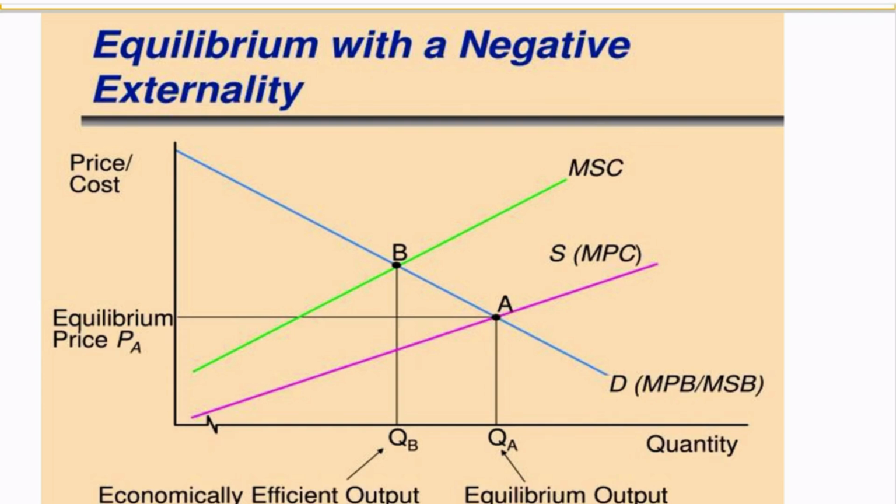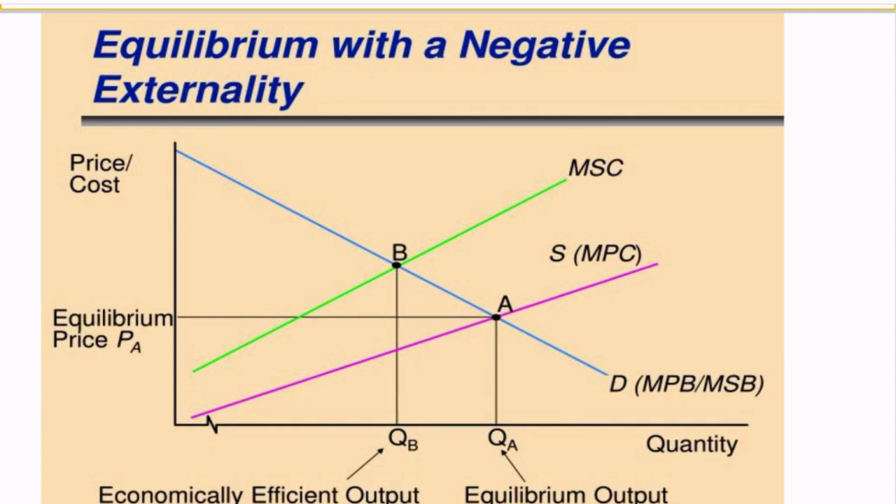And it is a loss of welfare or loss of environment because of overproduction from QB to QA, right? So if you shift from QA to QB, that deadweight loss becomes zero, right? How do you do that? That is done by what is known as Pigovian subsidy, that we will discuss later.